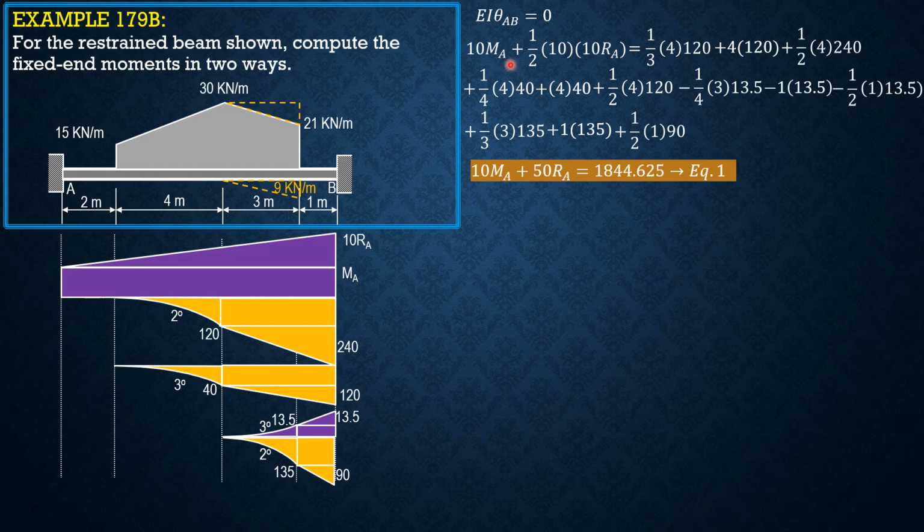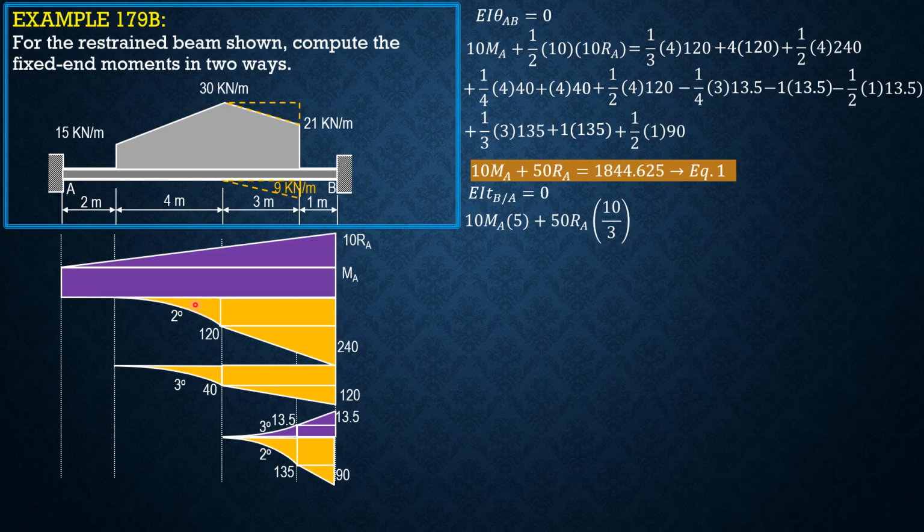Then same terms, we just multiply this by the moment arms. So EI deviation of B relative to tangent at A equals 0 also. So 10 MA times 5 plus 50 RA times 10/3, moment arm of triangle, 10/3 at B. Then this distance is 4/4, or 1 plus 4.